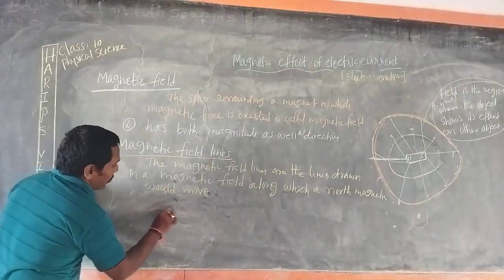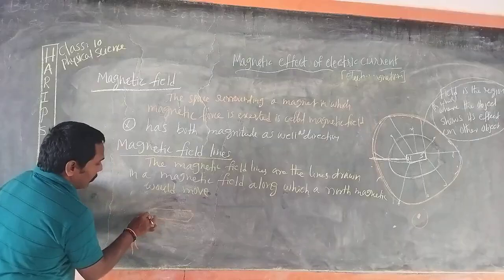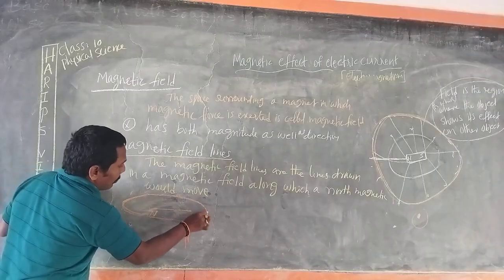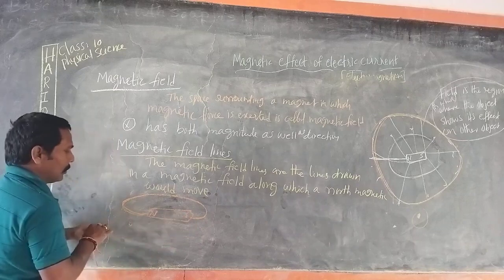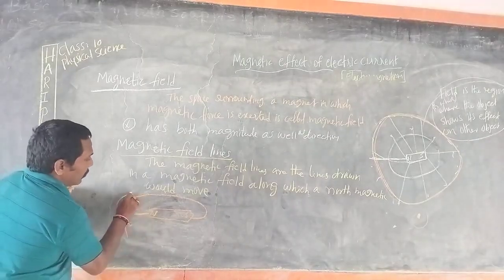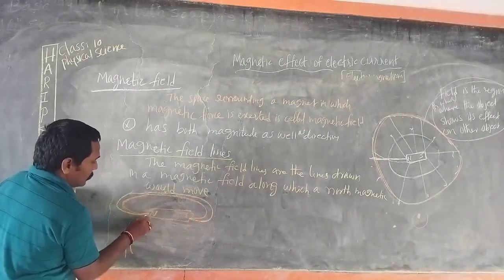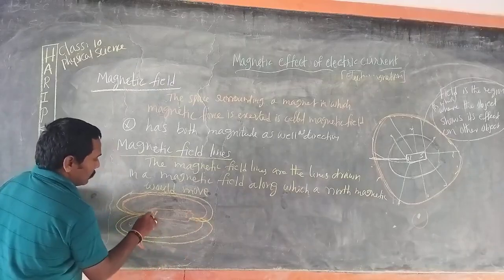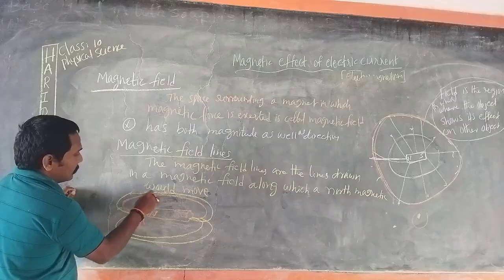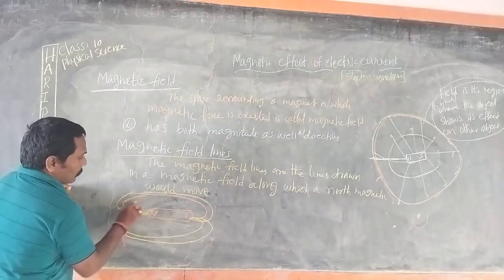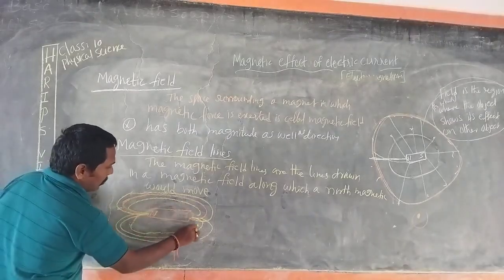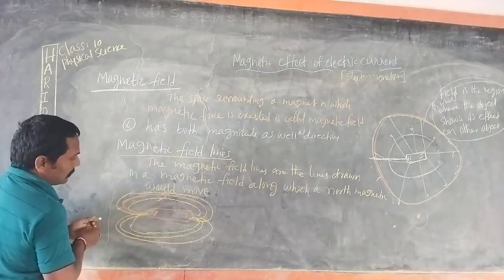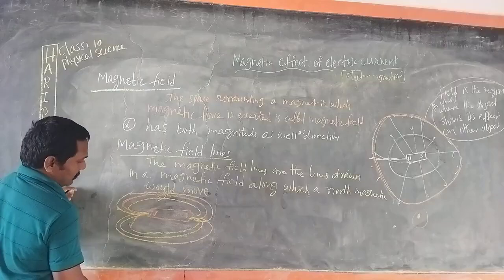So magnetic field lines emerge out from the north pole and merge into the south pole. These are the magnetic field lines.